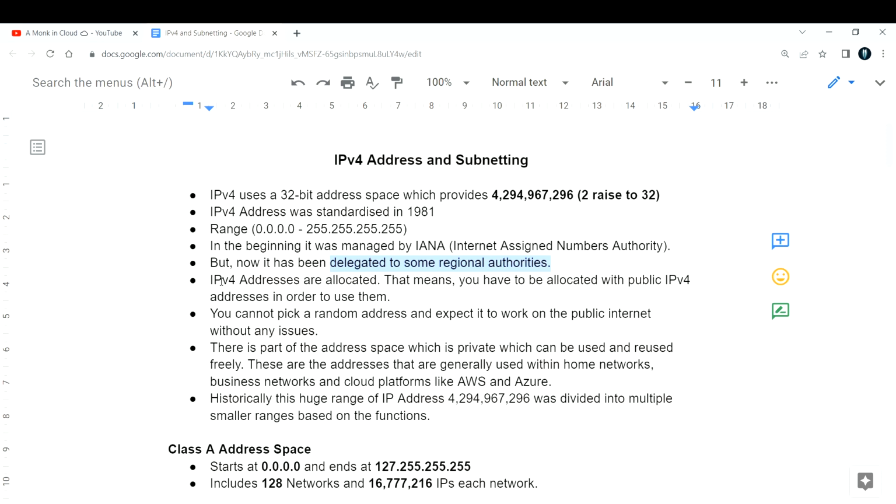IPv4 addresses are allocated. That means you have to be allocated public IPv4 addresses in order to use them. You cannot pick a random address and expect it to work on the public internet without any issues. It should be allocated to you if you want to use it.